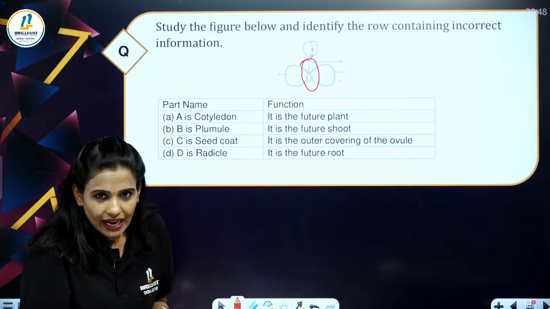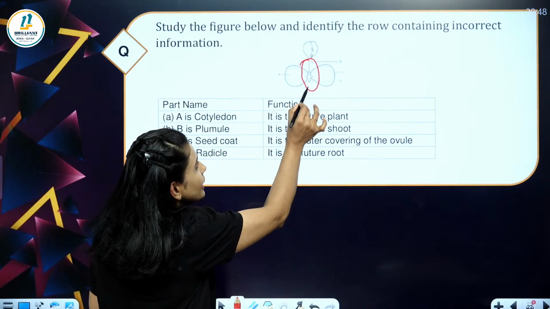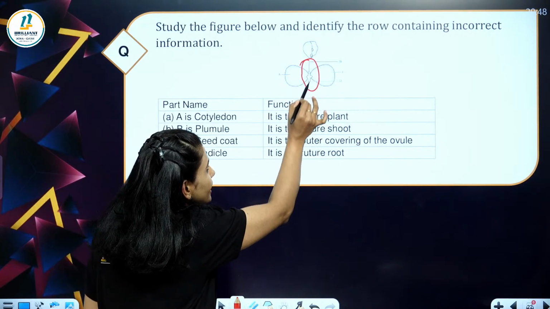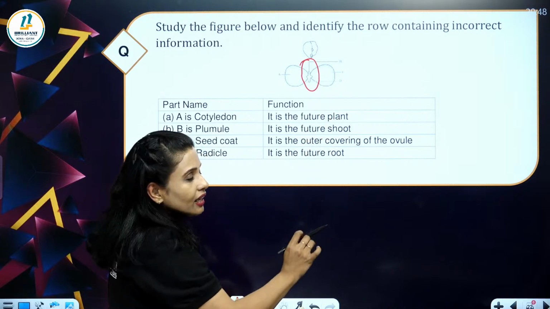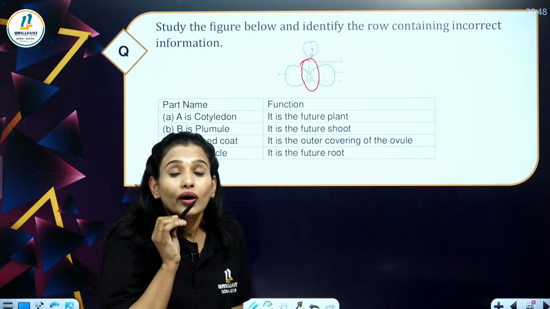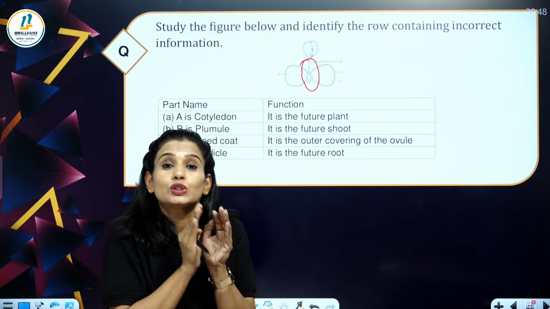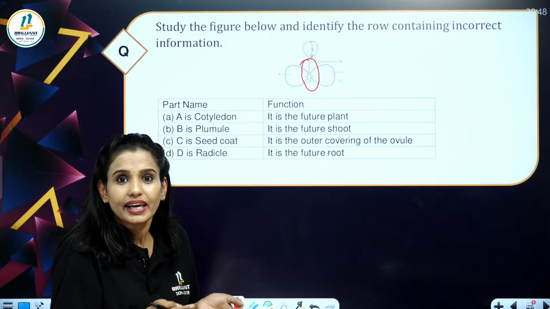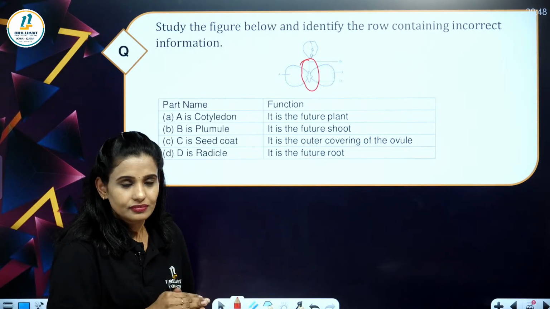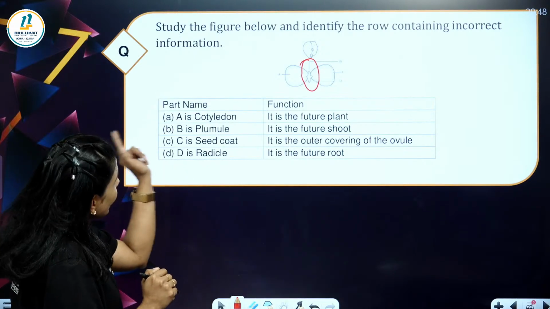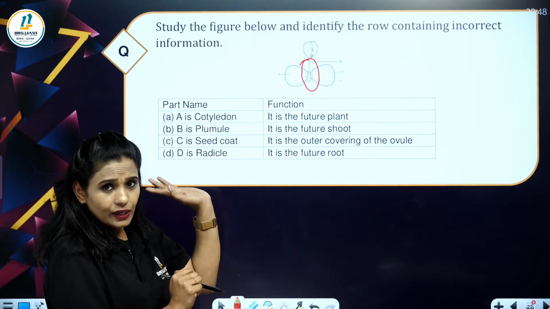The plumule and the radicle are the growing plant. So cotyledon is the place where it stores food for the growing plant.